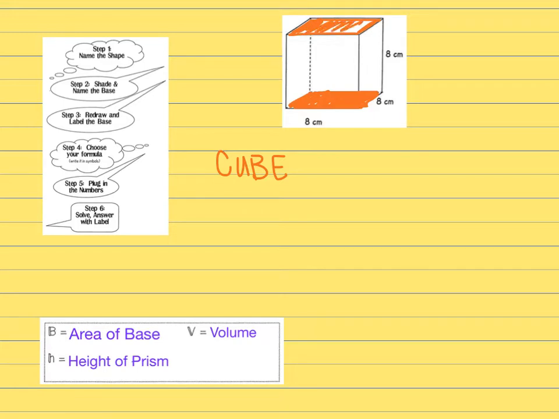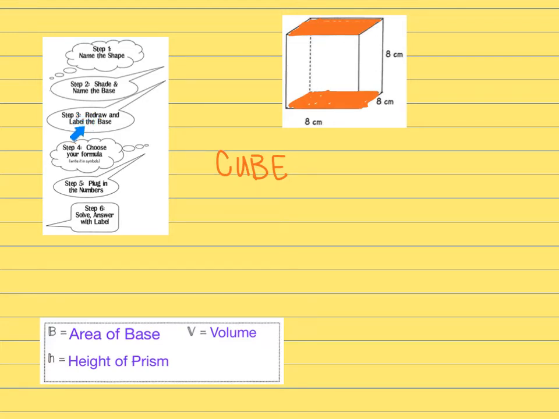There are always two bases in a prism, even if it's a triangular prism, there's always two. Okay, you can either choose to redraw the base if you want, or you can just look at it. My choice is just to look at it the way it is in this figure because it's easy to see.